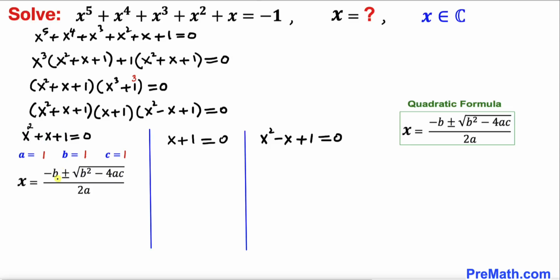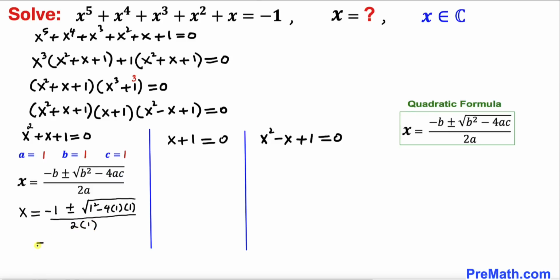Let's fill in the blanks: x equals minus b, in our case -1, plus or minus the square root of b^2, which is 1^2, minus 4 times a times c, which is 1 times 1, all over 2 times 1. Now let's simplify.